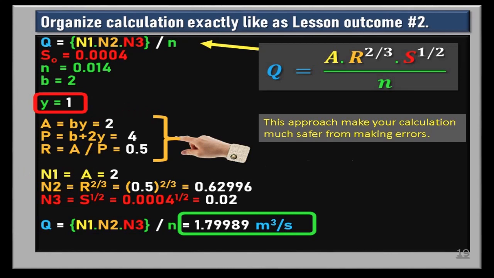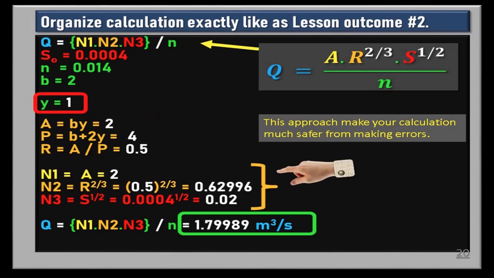Then N1 is equal area A, so N1 is 2. N2 is equal hydraulic radius R, power 2 over 3, the N2 is 0.62996. N3 is equal slope S, power 1 over 2, the N3 is 0.02.